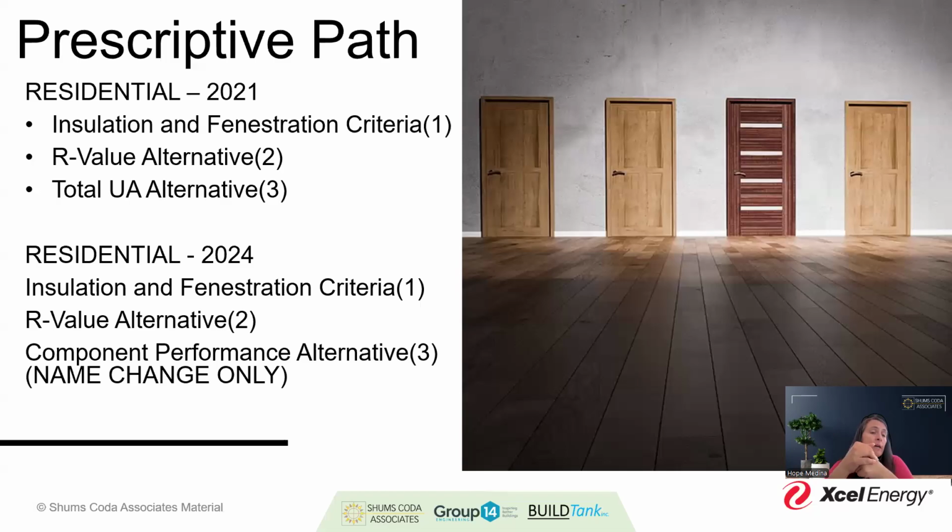It's actually referred to as the component performance alternative, which is typically thought of as ResCheck. That's a pretty slang term for it. But for the component performance alternative, you can use ResCheck, which is free software, but there are other software programs out there that can be utilized to demonstrate compliance with this particular compliance path.